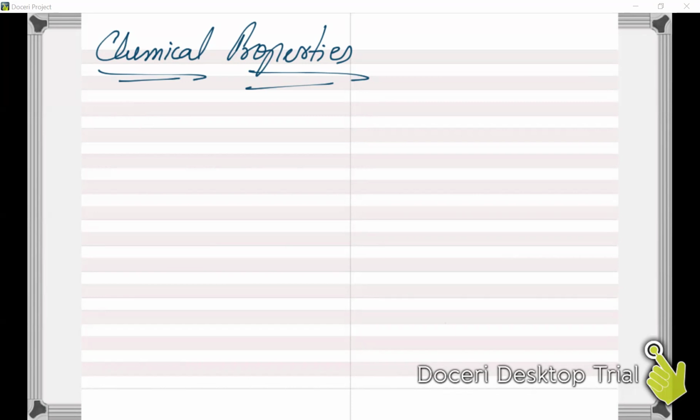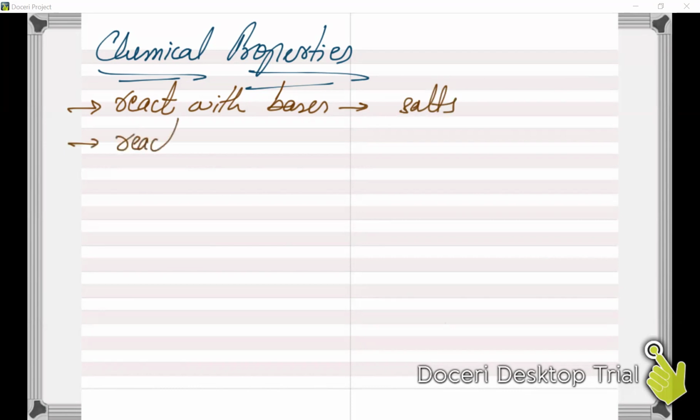So amino acids basically react with bases to form salts. When they react with bases, of course, the salts will be the end product, that's a neutralization reaction.